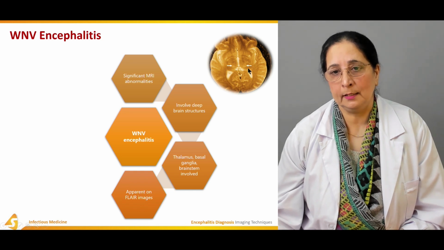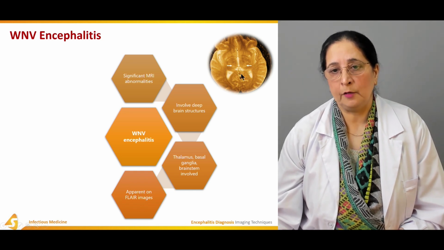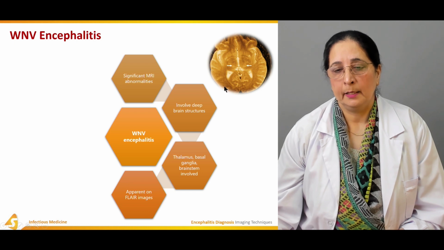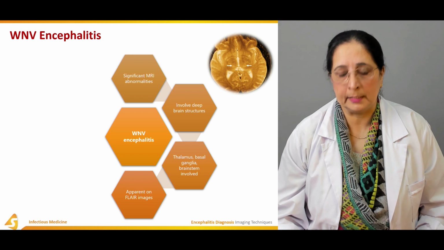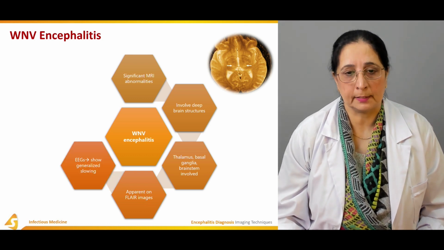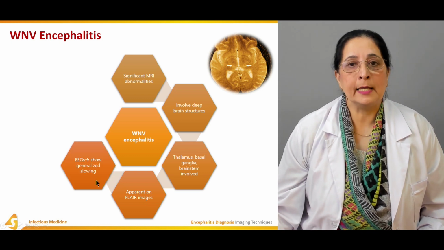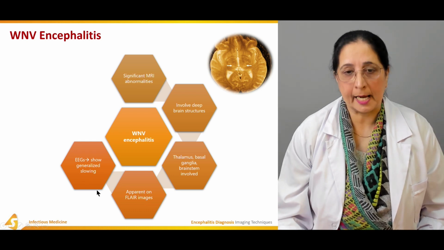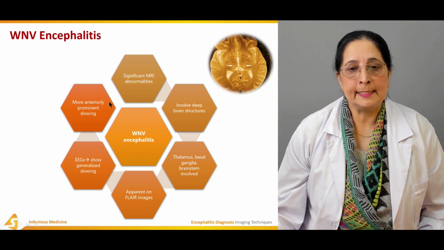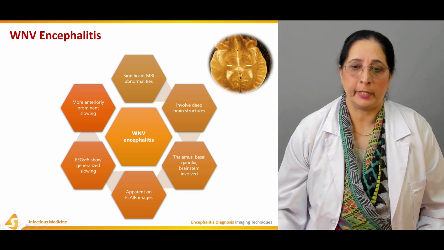Here you can see these are the regions involved, thalamus and basal ganglia, more visible on the FLAIR images. Electroencephalogram shows generalized slowing of the brain activity, more anteriorly prominent.